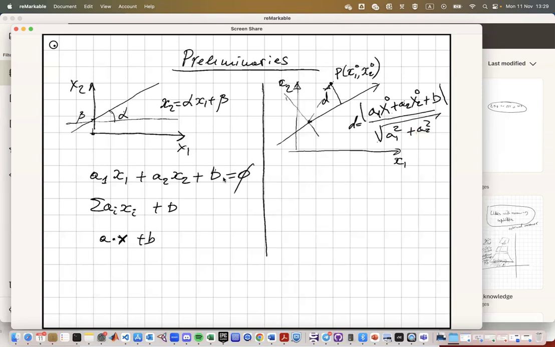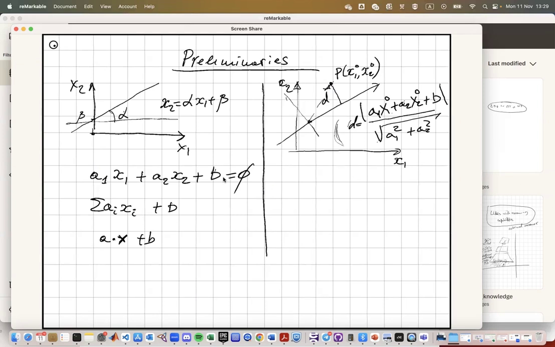So this is the formula. Depending on where you look up this formula, you may see different notations for the coefficients, but the idea is basically this. We will be using this for building our support vector machines.